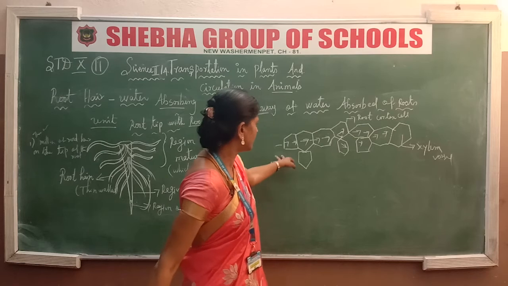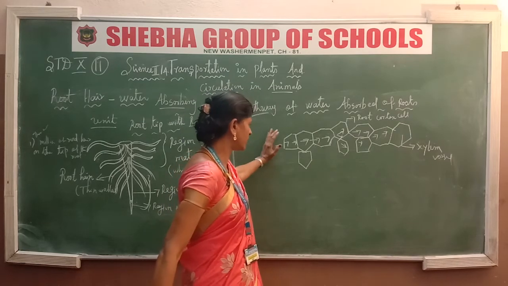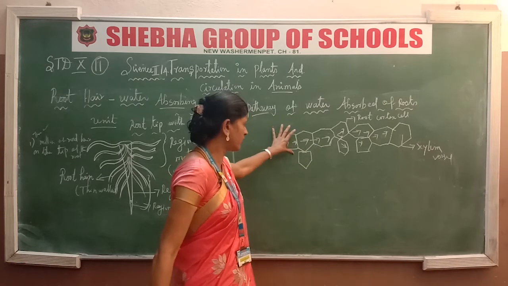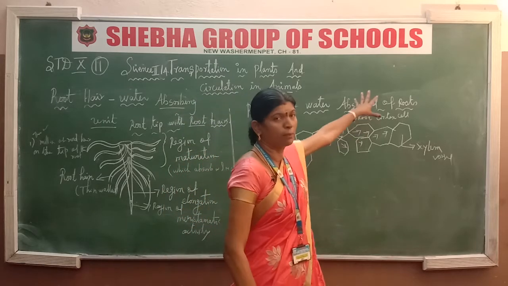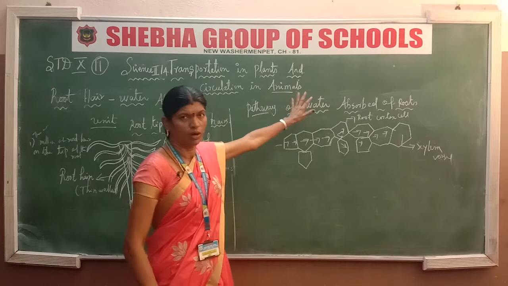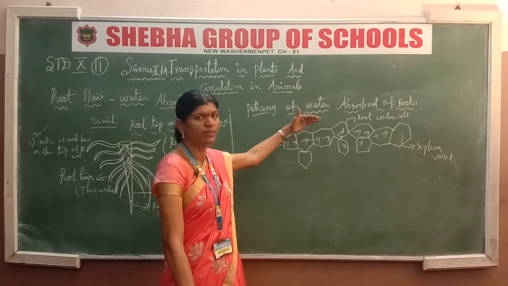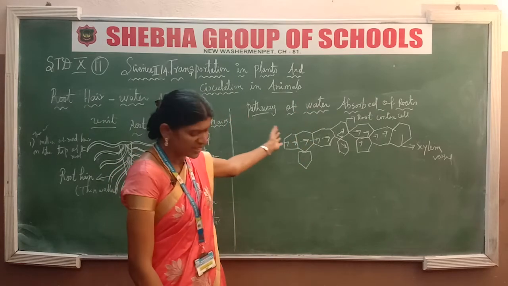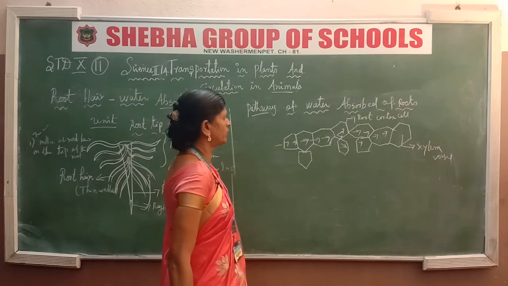Water and mineral salts absorbed by the root from the soil are conducted to the upper parts of the plant, to the leaves, stems and other parts. Okay, it's clear. So that is the pathway showing movement of water absorbed by the root.